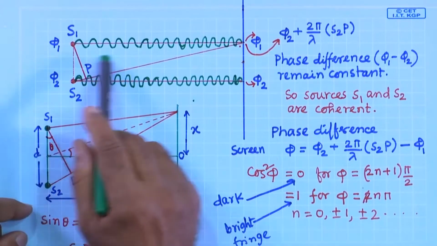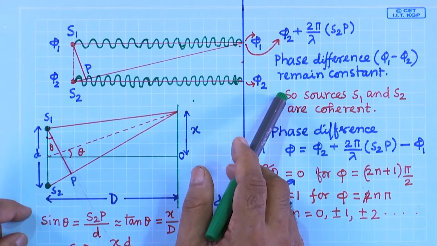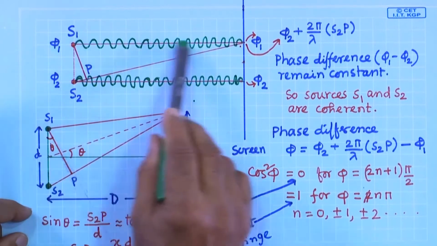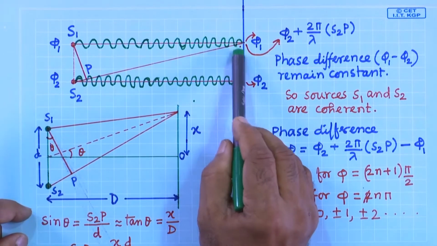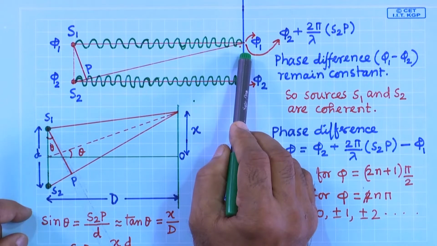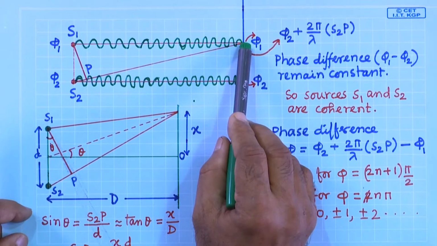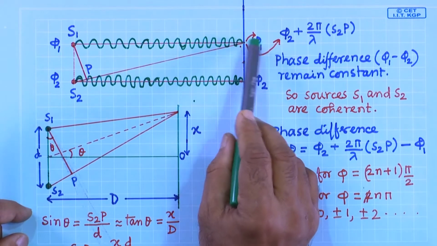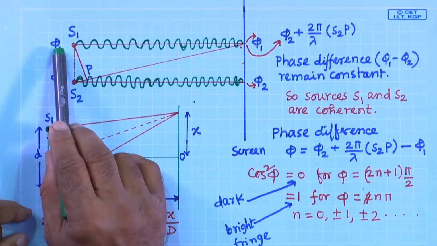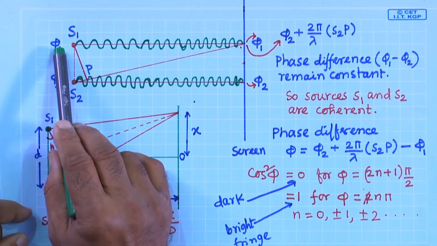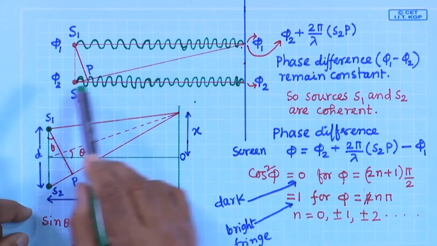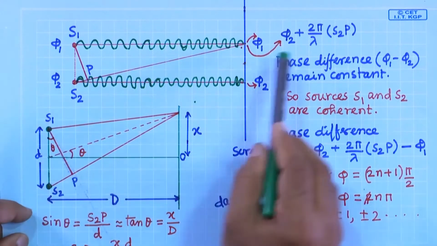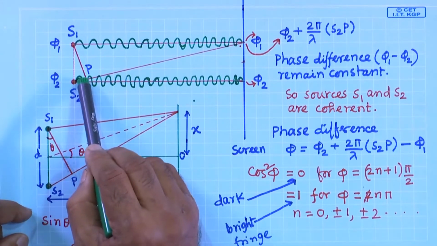So, from two sources, two waves are coming, one wave is this, another wave is this. These two will interfere at this point. The phase difference between these two is phi1 for one case, whatever it was at the source, and for the other its initial phase was phi2, plus this path difference.